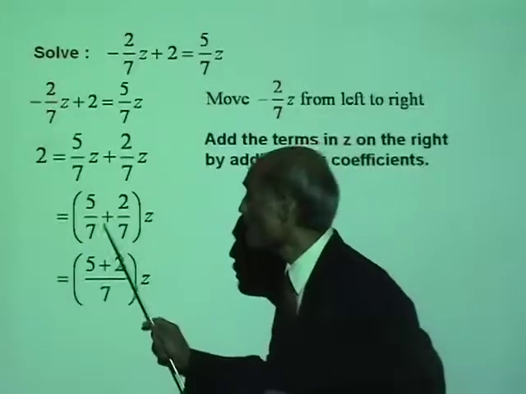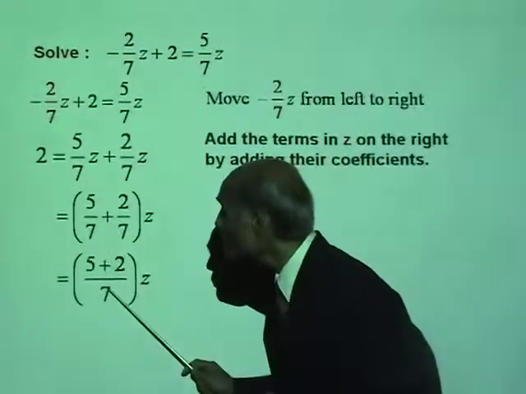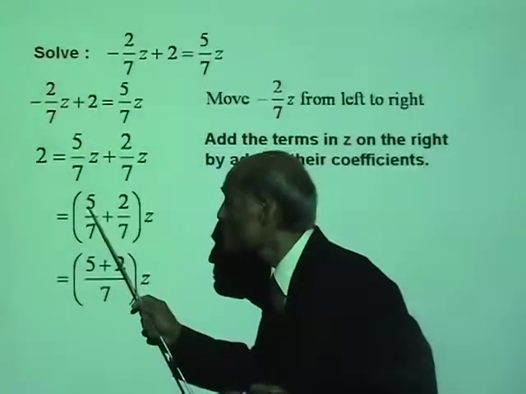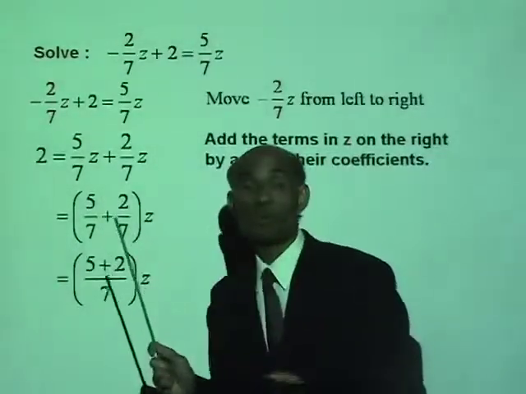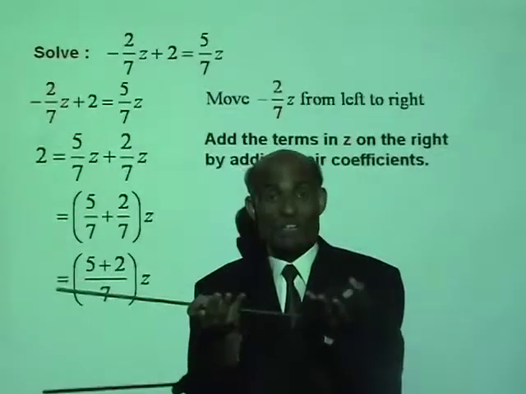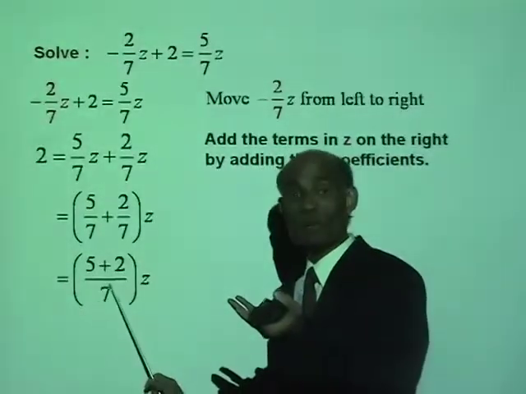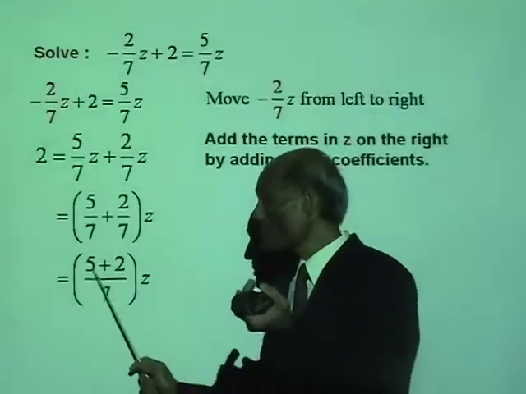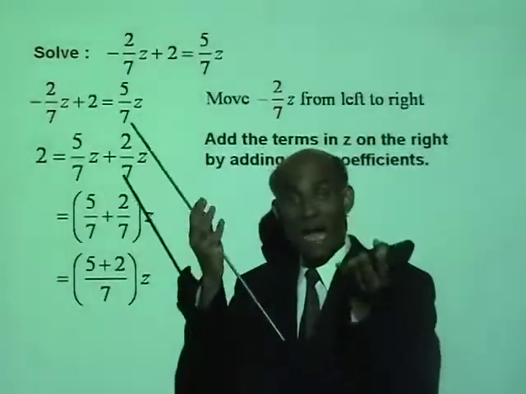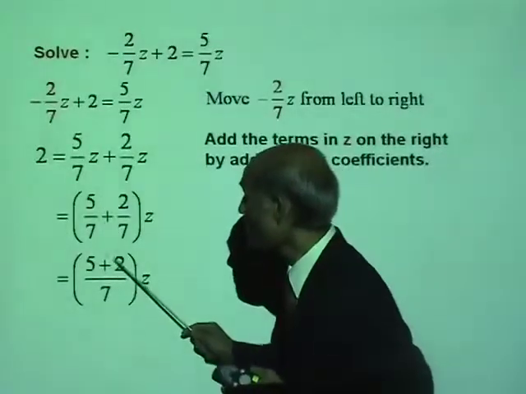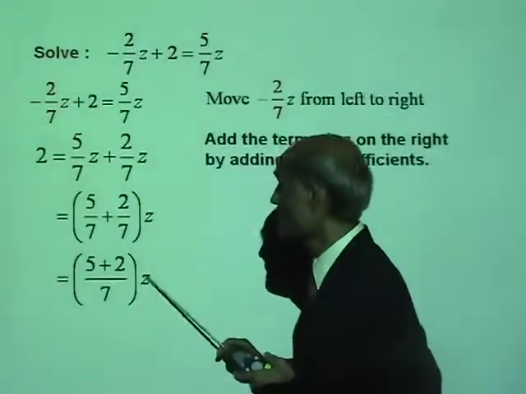You see, the common denominator is 7 itself, and the numerator, you simply add the 2. When both denominators are the same, that itself will be the common denominator, and the numerator is obtained by adding both numerators. So this will be 5 plus 2 over 7z.